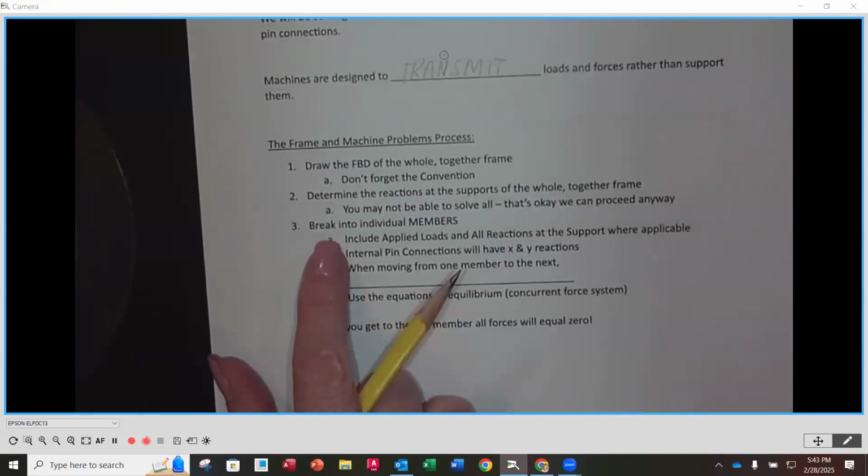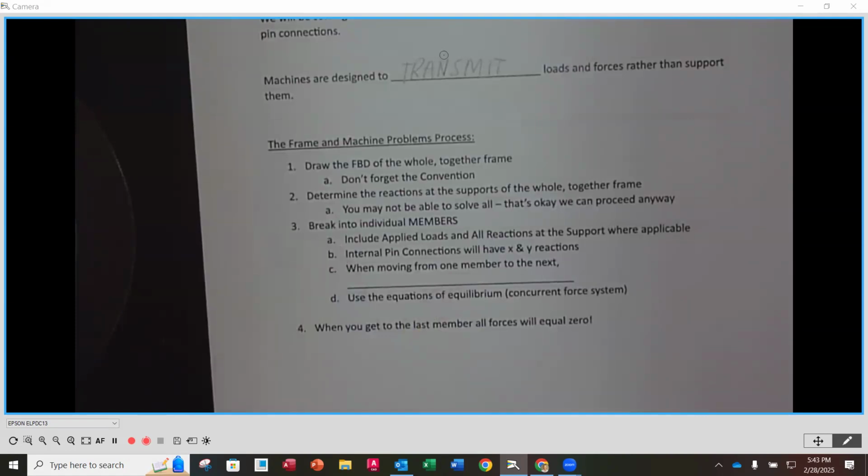Once we have exhausted the reactions at the supports that we can solve for, then we're going to break into the individual members. If you recall from trusses, that was looking at each one of the individual joints, but now we're actually going to look at the individual members themselves. So that's going to look a little bit different. We're going to include any applied loads and all the reactions at the supports where applicable. We're going to then look at internal pin connections, which means there are going to be X and Y reactions.